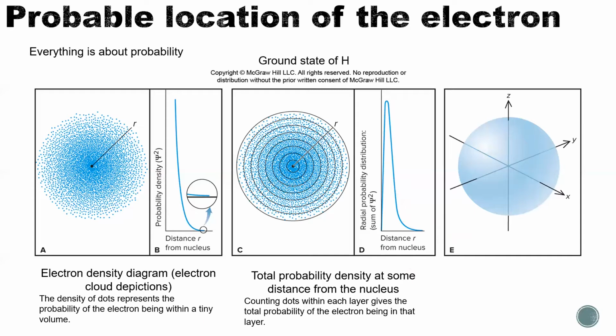But how are we going to define the size of an atom? As we see here, even when the electron is very far away from the nucleus, there's still a small possibility that the electron can show up there, right?